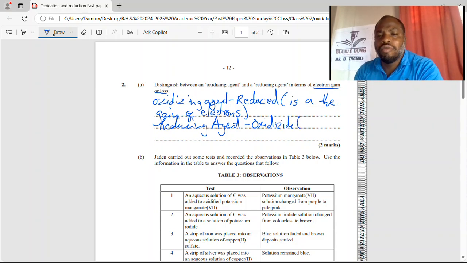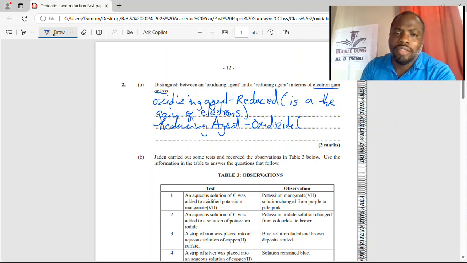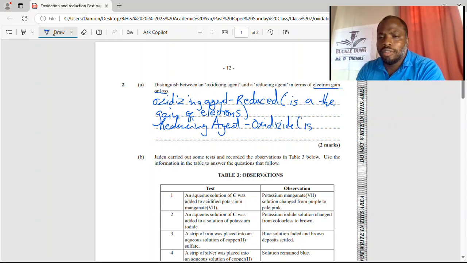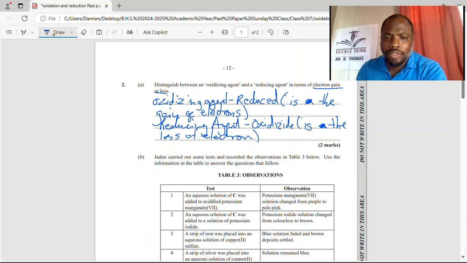And so we know oxidation is the loss of electrons. Beautiful. So we smile and we get our 2 marks. Not true?